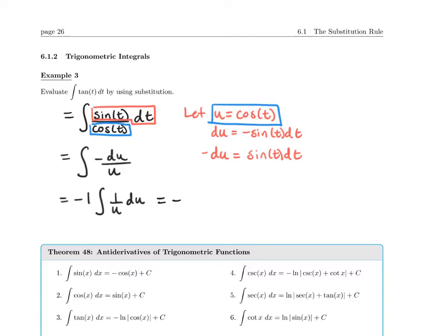The antiderivative is the natural log of the absolute value of u plus c. Now we need to back substitute because our original expression was not a function of u, it was a function of t. So I'm going to back substitute my t value, and I have negative natural log absolute value of the cosine of t plus c.